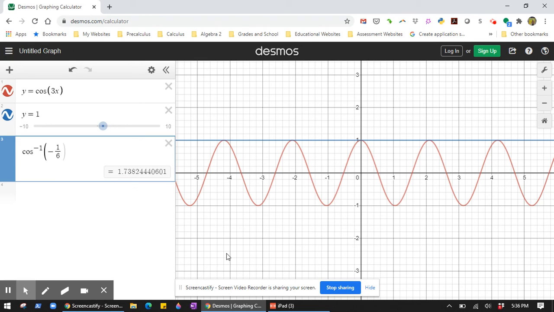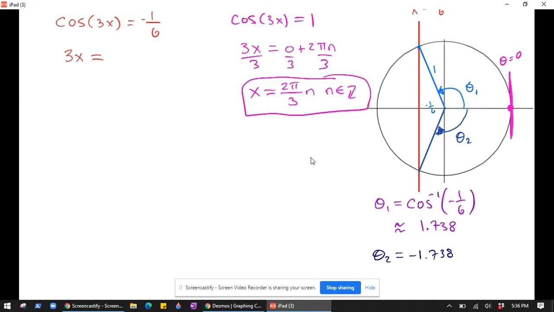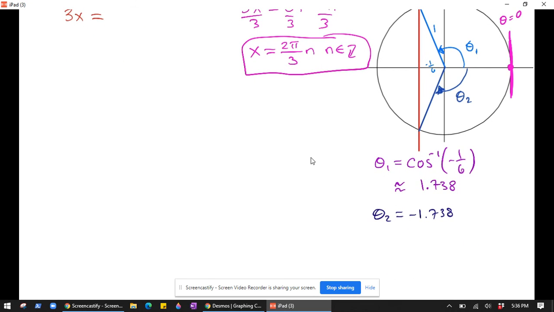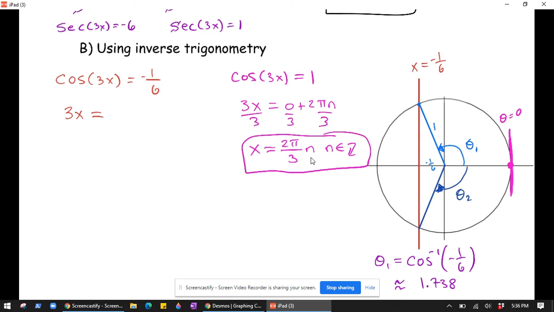Okay, so that would give what 3x is equal to over here, and therefore x would just be that divided by 3. So let's write our two families of solutions over here. I've got theta 1 and theta 2 by using the cos inverse button.